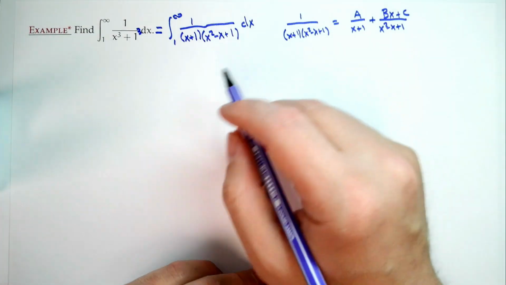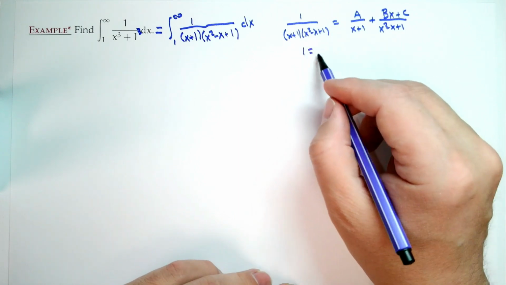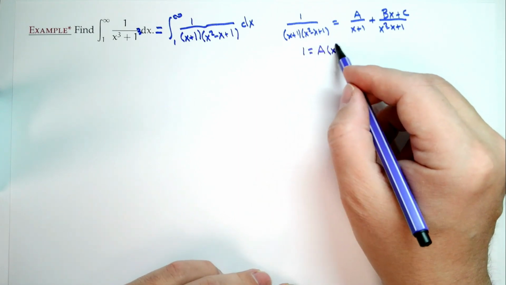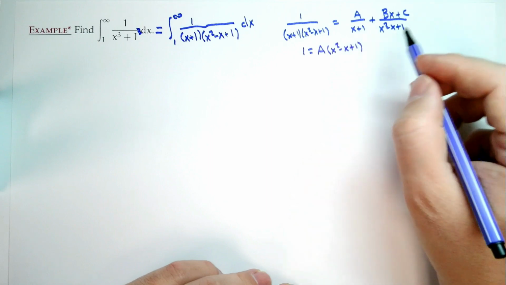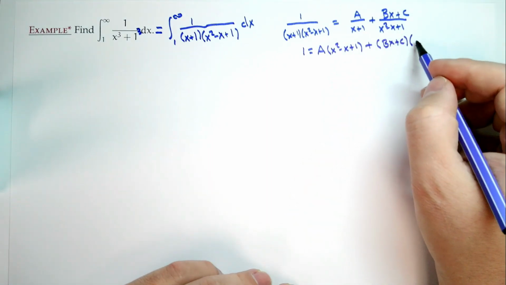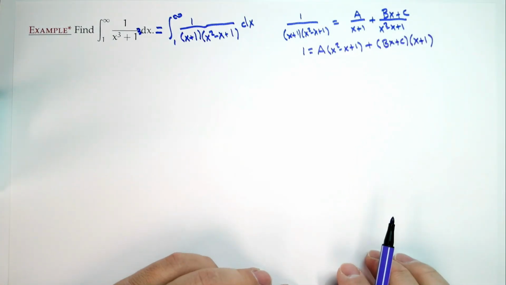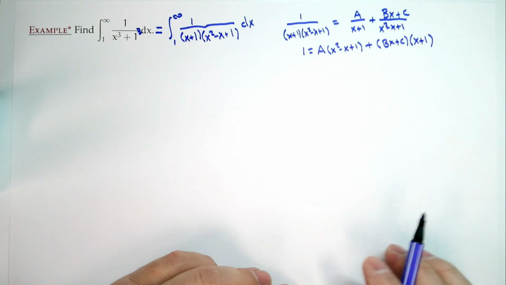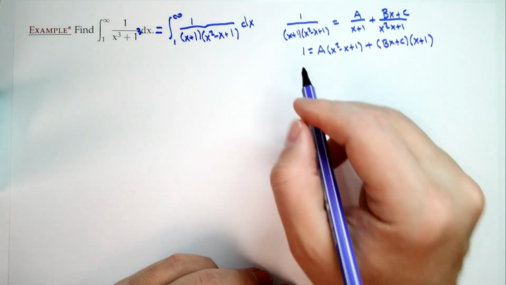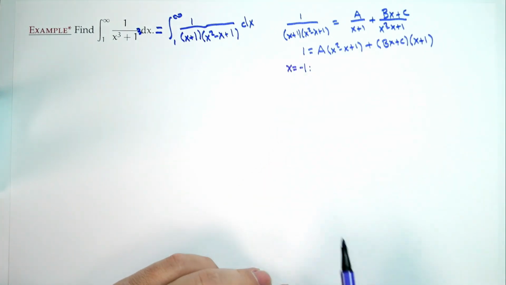All right. Clear our denominators. 1 equals a times x squared minus x plus 1 plus b times x plus c times x plus 1. Well, what can we do? Let's make good choices. Let's choose some nice numbers. How about x equals minus 1?